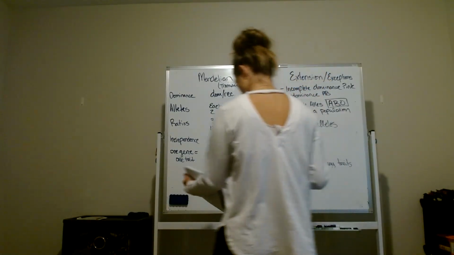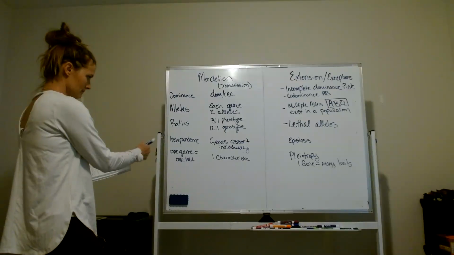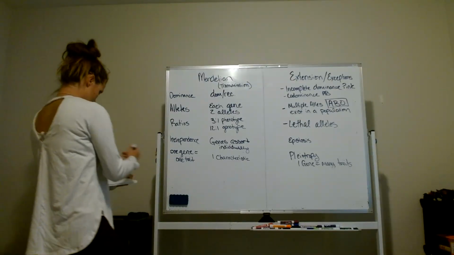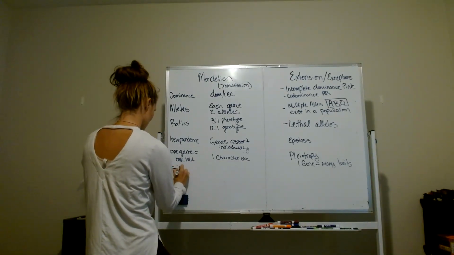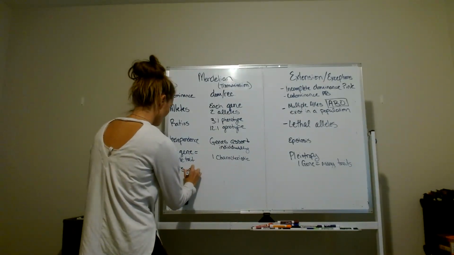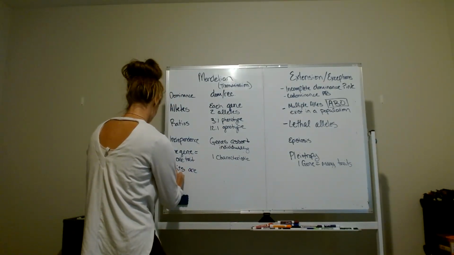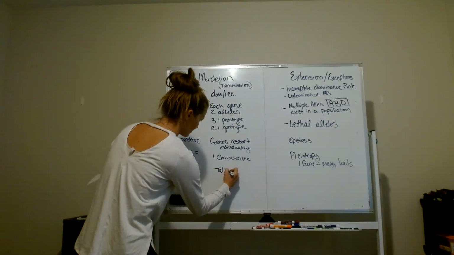Okay? And that we found was in Marfan's. Okay? One gene equals one trait. Okay. Traits are discrete. These are things that Mendel said, right? These are the laws. Okay? Well, tall versus short, that's an example of that.